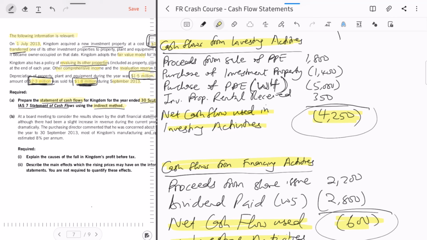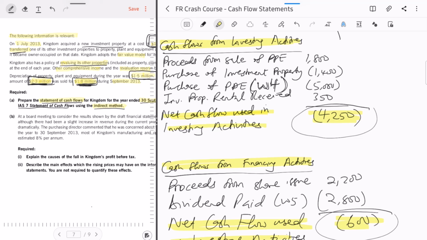The only way to get really good at this topic is to practice a lot of questions, do different questions on cash flows. I'm sure just check the ACCA's website. You find different cash flow questions that are good practice, right?